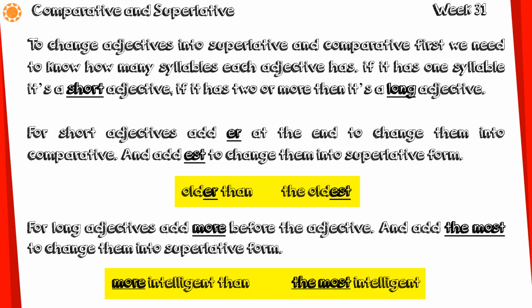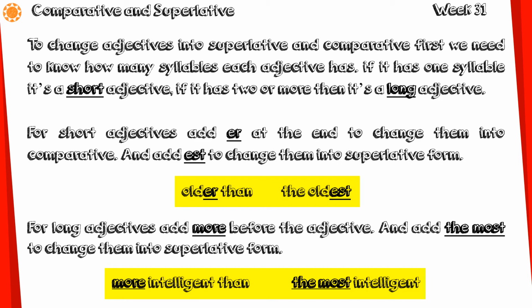To change adjectives into superlative and comparative form, first we need to know how many syllables each adjective has. If it has one syllable, it's a short adjective. If it has two or more, then it's a long adjective. For short adjectives, add -er at the end to change them into comparative, and add -est to change them into superlative.